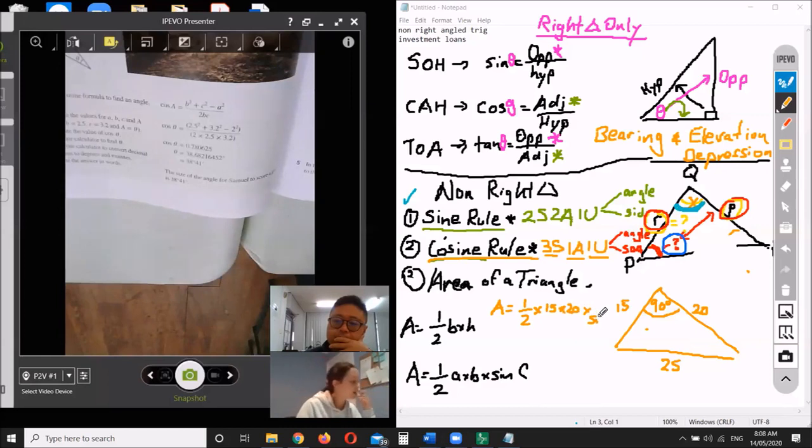Is it always sine? Yeah, always sine. Sine 90. You can put that in your calculator and tell me what you get. 150. Yep, 150. Okay, lovely.